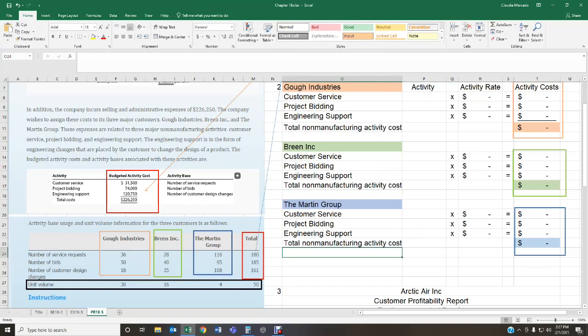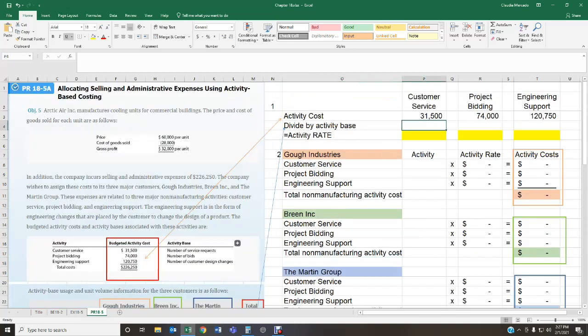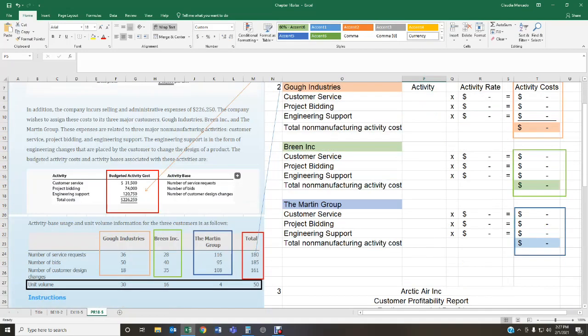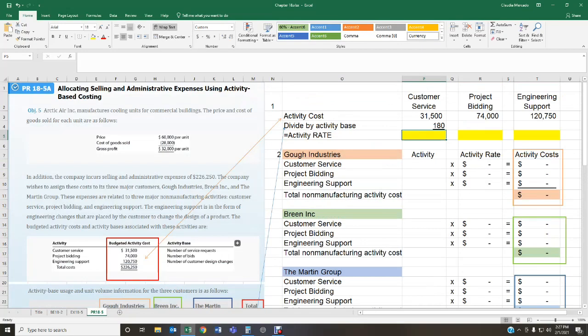I had 185 bids, and I had 161 customer design changes. So these numbers from my total are going to go over here. So it's 180, 185, and 161.